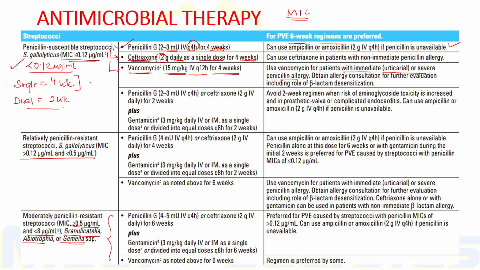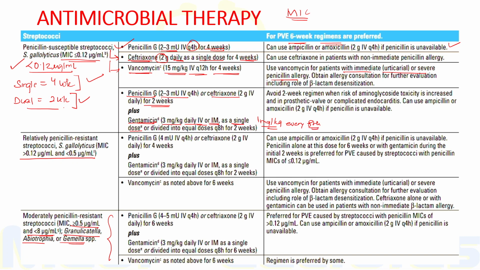So this was about single drug therapy. If we are giving dual agents, the therapy will be for 2 weeks. We can combine either penicillin G in the same dose or ceftriaxone in the same dose which we have discussed, along with gentamicin. Gentamicin can be given 3 mg per kg daily IV or IM as a single dose, or if divided into equal doses, 1 mg per kg every 8 hours.